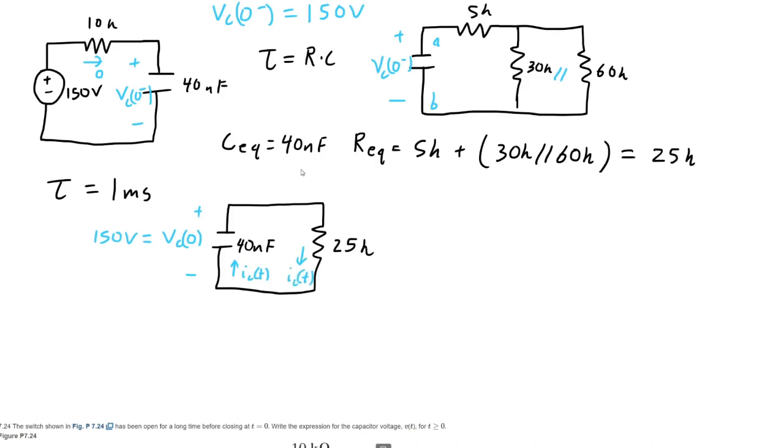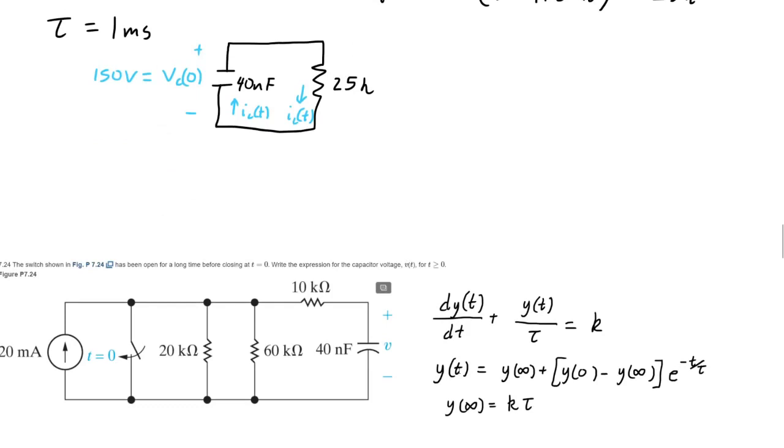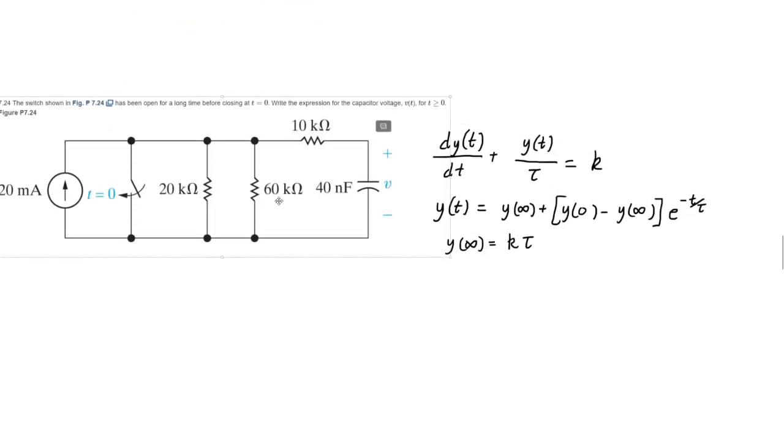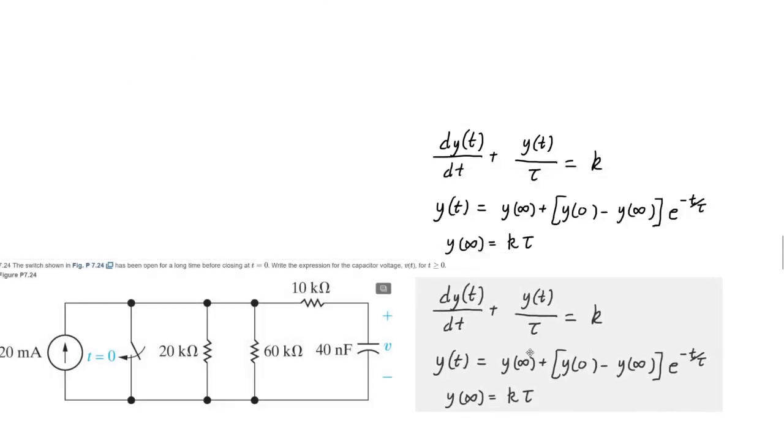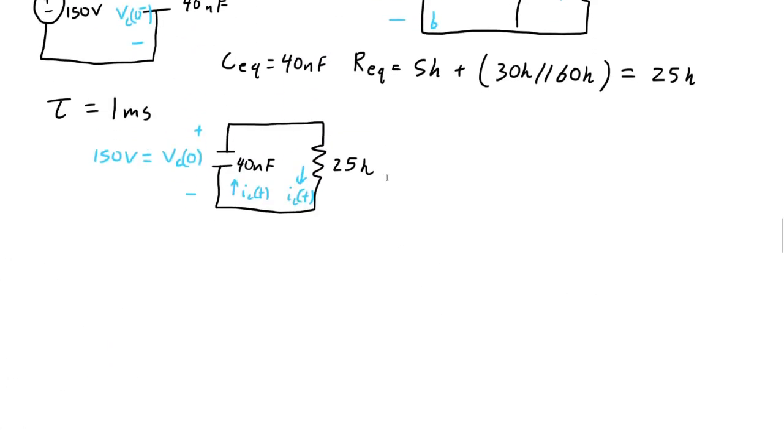Go ahead and write out, maybe a little bit more space, hold on. This will be the next problem. Okay, we only have one KCL, so I'm not going to bother with that. I'm going to write out our equations.